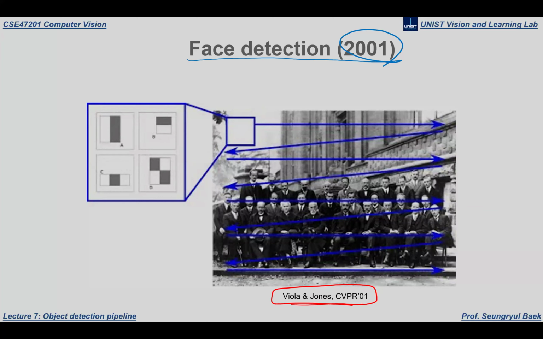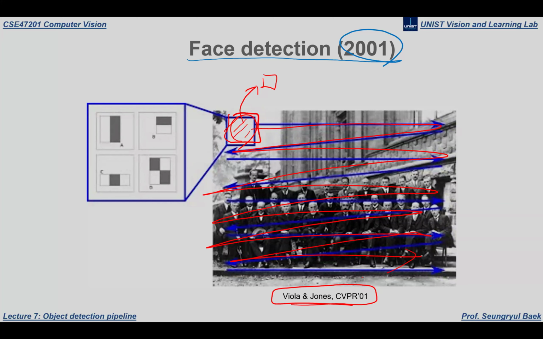It was published in CVPR 2001, and the approach uses a sliding window with this sized bounding box, and they extract the cropped images inside the bounding box by searching for patches in this manner.